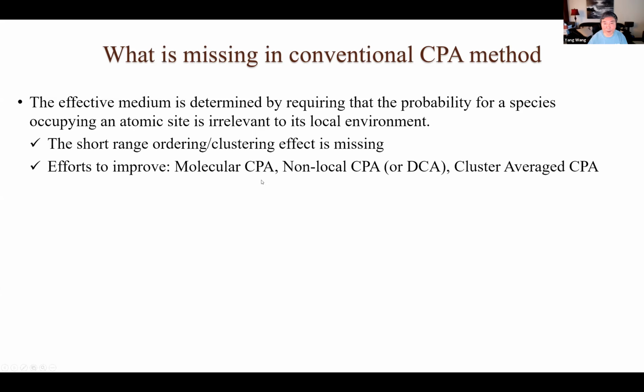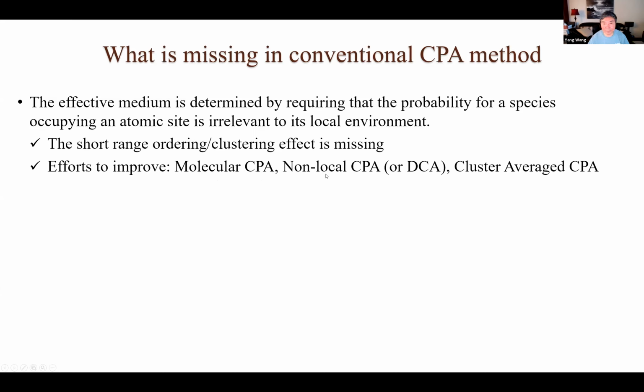That's called molecular CPA. Unfortunately, it seems to have been proven not very efficient to implement. It seems people have abandoned this type of approach. That is, it's not a single site. You put a cluster or pair embedded in the effective medium. This is considered a very inefficient way of doing it.